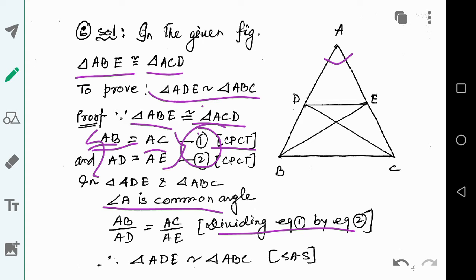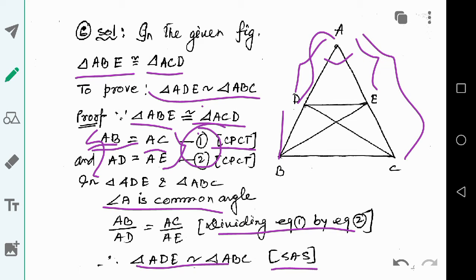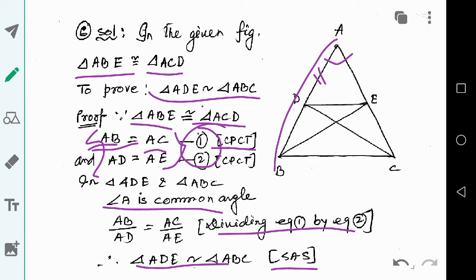So by side angle side, these two triangles must be similar, because the ratio of the sides AD and AB equals the ratio of the sides AE and AC, and the angles between them are equal.